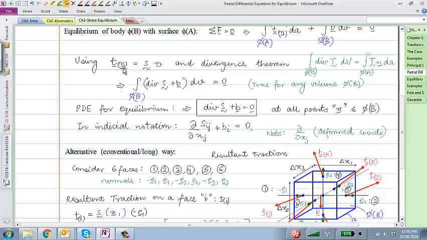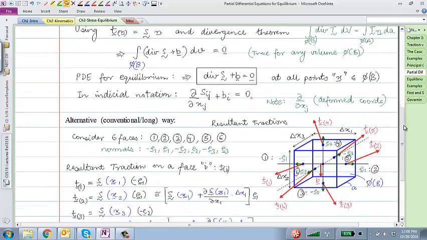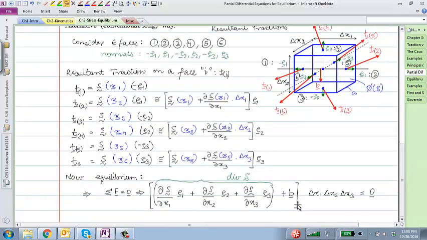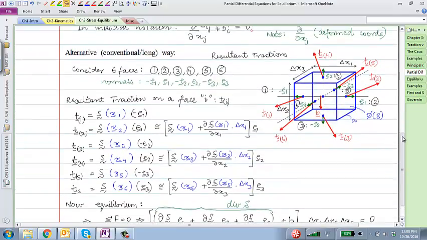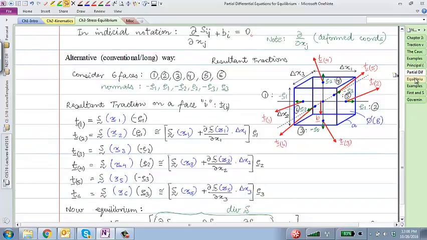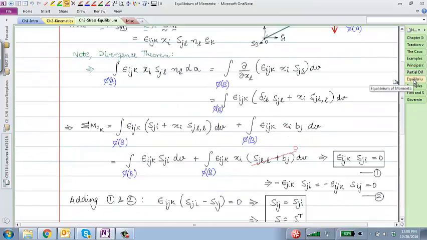We are trying to find the derivative of the stress, how it varies at a particular point. That's why we get this equation. All right, so that's just the sum of forces.